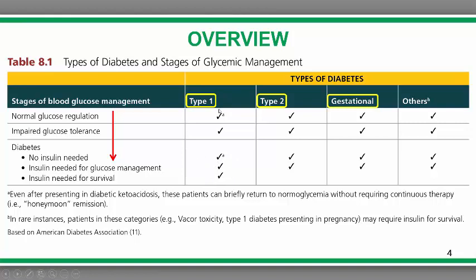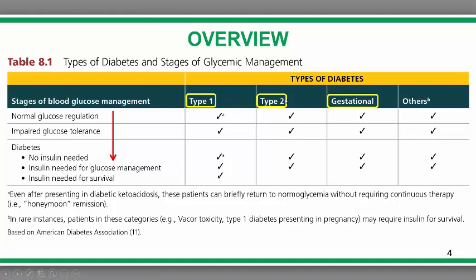But essentially, for people that are afflicted with type 1, it's very rare that they do not need insulin. So there is the need for providing insulin in people with type 1. For people afflicted with type 2 or gestational diabetes, you'll see that the need for providing insulin for survival is extremely rare, and it's not checked in these boxes here.